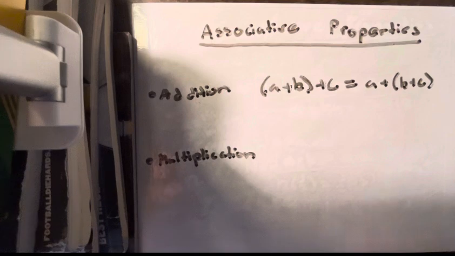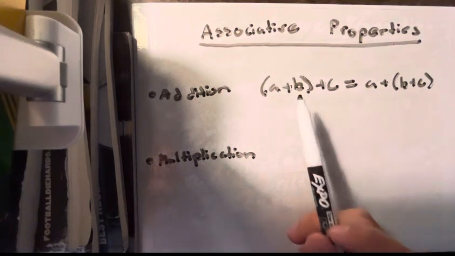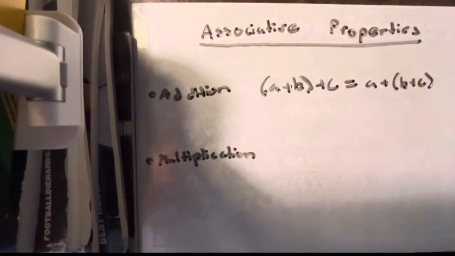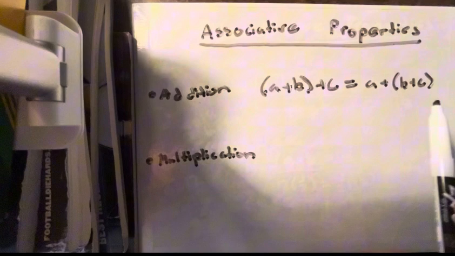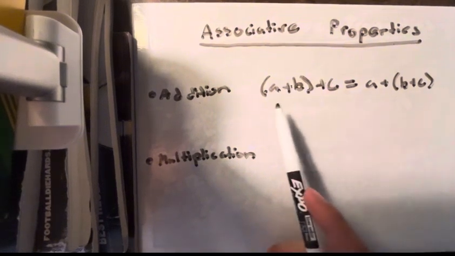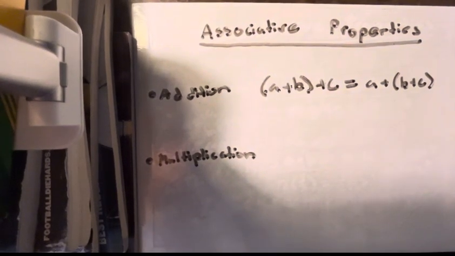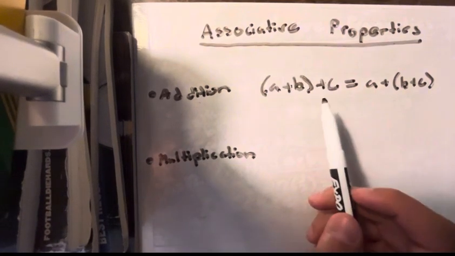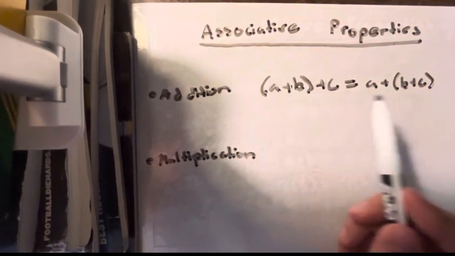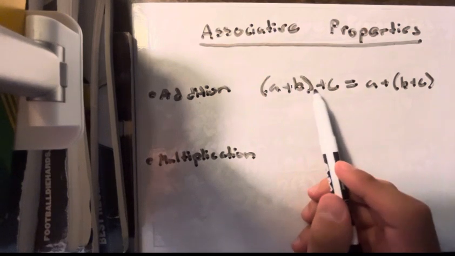Now, you may get tripped up in the fact that there are parentheses, saying, oh, I remember learning PEMDAS. That means that these equations could be different. The answers to both of these could be different because we're using PEMDAS. I'm going to tell you why that's wrong. It is wrong because we are using the exact same symbol.